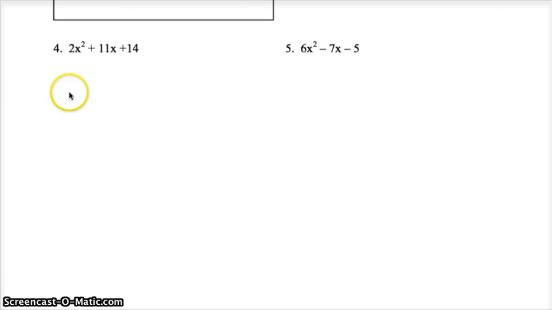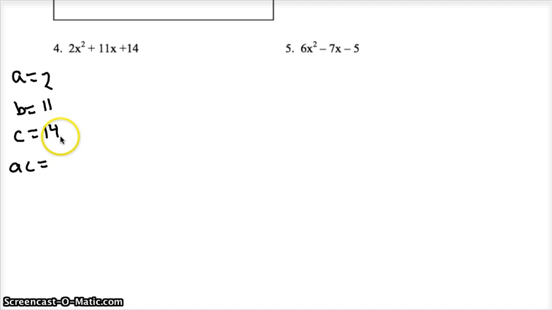Looking down at number 4, I will identify my A value, my B value, my C value, and then lastly AC. For this problem, A is 2, B is 11, C is 14, and AC is 28.